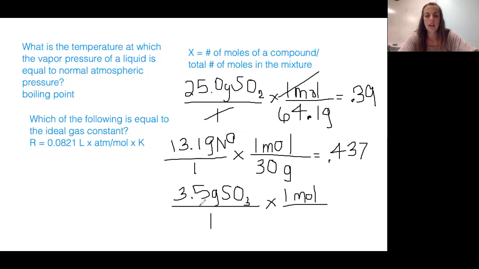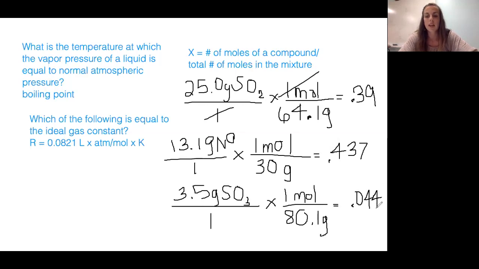And I would just find the mass of S, the mass of O multiplied by 3, add them all together, and that's going to give me 80.1 grams in 1 mole of SO3, which gives me an answer of 0.044 moles. So now I have moles.